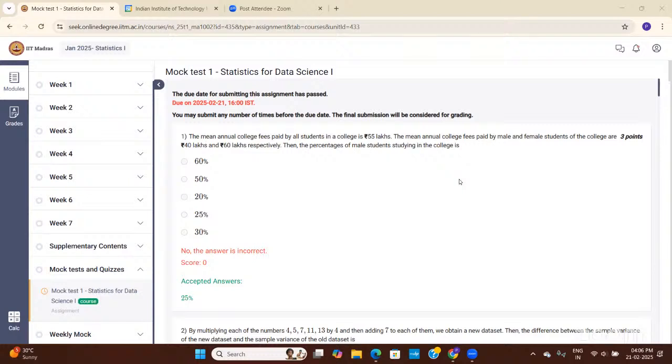Then the percentage of male students studying in the college is, so the answer is 25%.